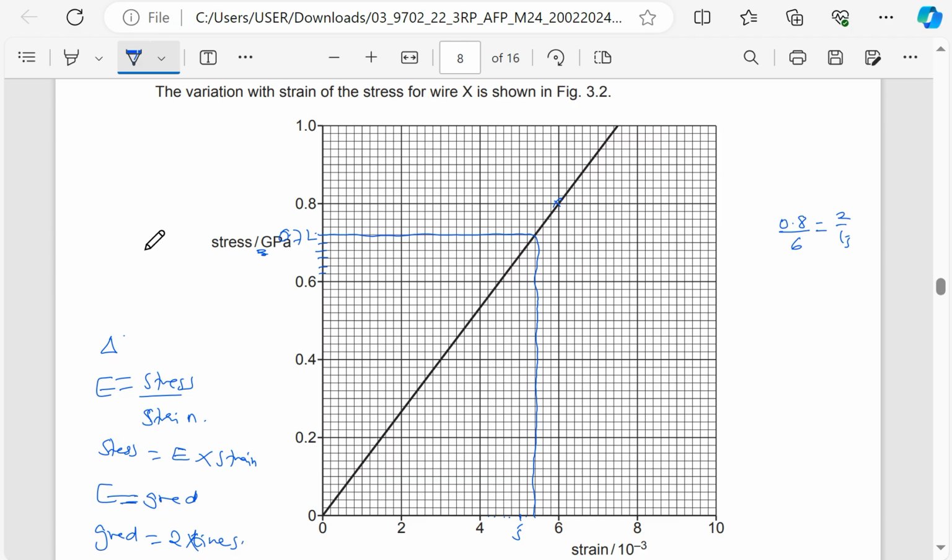The gradient of the new wire is going to be 2 times 2 over 15, which is going to be 4 divided by 15.